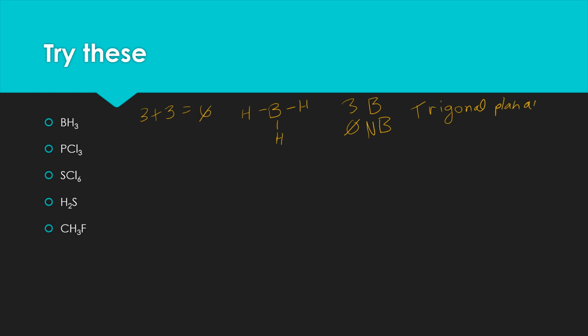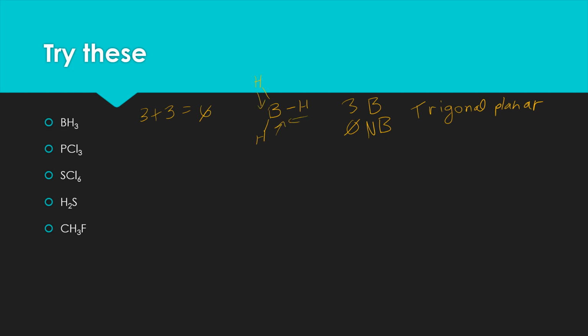And with trigonal planar, all 3 of these, if I could draw this a little bit better, let me just erase a little bit and move these around. So if I could draw it a little better, our 3 hydrogens would be evenly spaced out around our boron. And if we look at these, they have a slight difference in their electronegativity. Boron would be a little more electronegative.